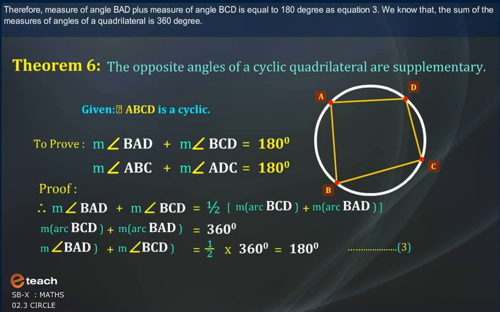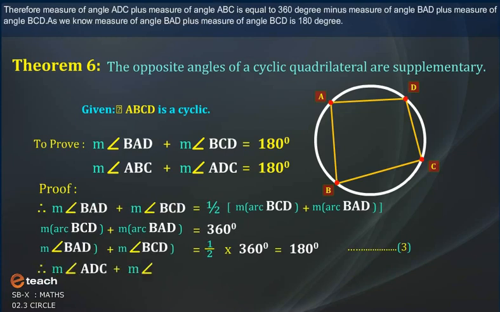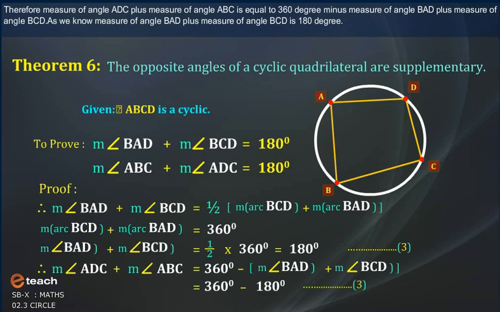We know that the sum of the measures of angles of a quadrilateral is 360 degrees. Therefore, measure of angle ADC plus measure of angle ABC is equal to 360 degrees minus measure of angle BAD plus measure of angle BCD. As we know, measure of angle BAD plus measure of angle BCD is 180 degrees.